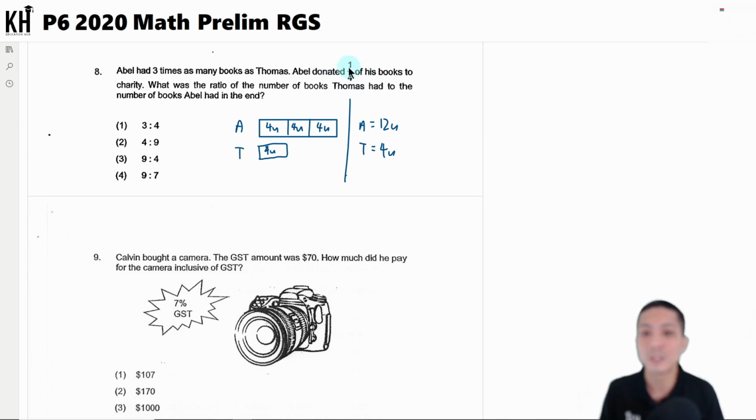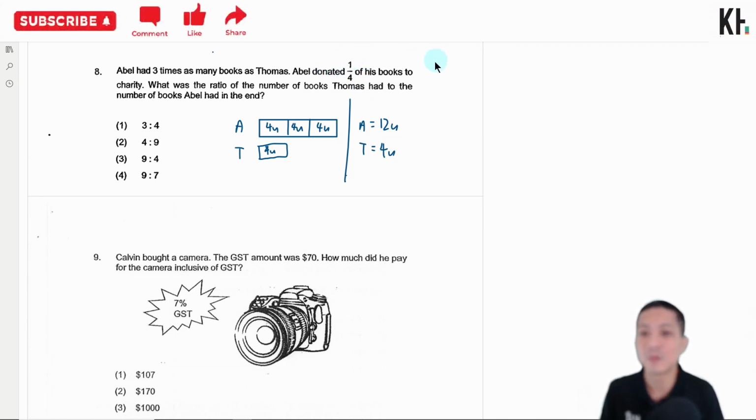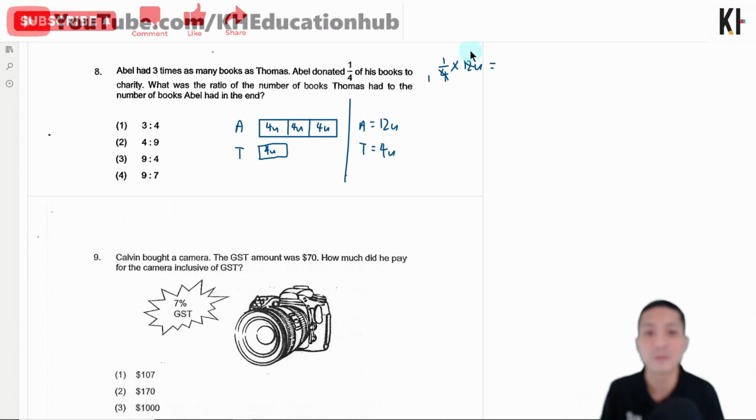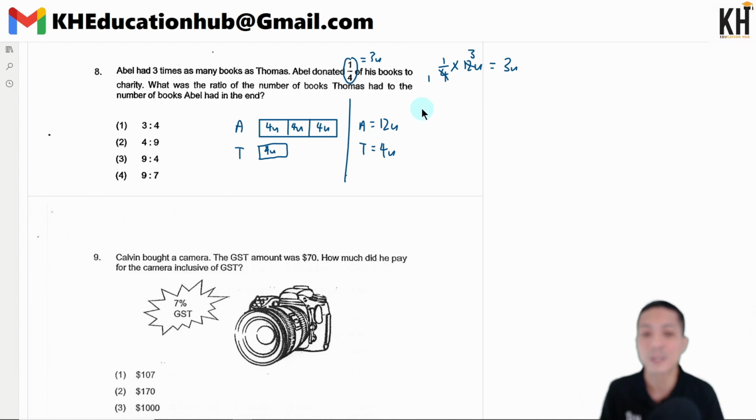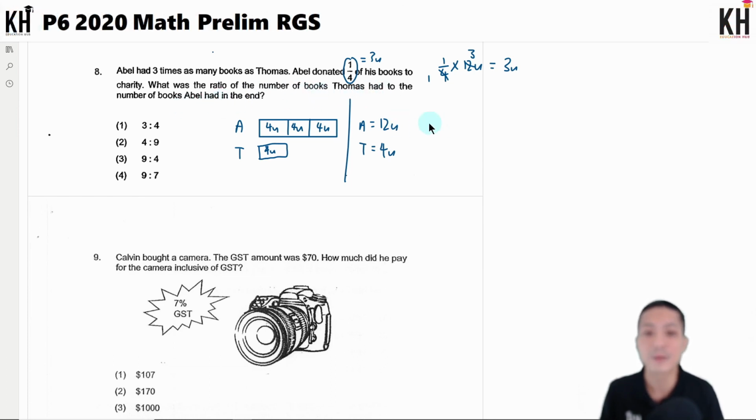After donating a quarter of his books to charity, that means a quarter of 12 units. Cancel 1, divided by 4 is 3. So 3 units, that means this is equal to 3 units. He donated 3 units away, and then what was the ratio of the books Thomas had to Abel had in the end, right?